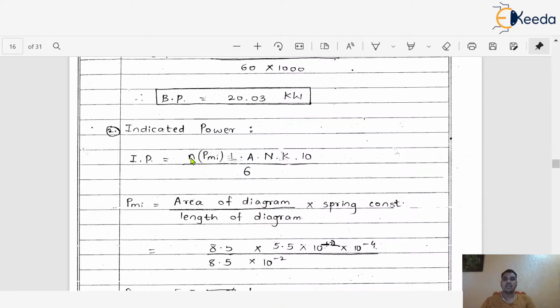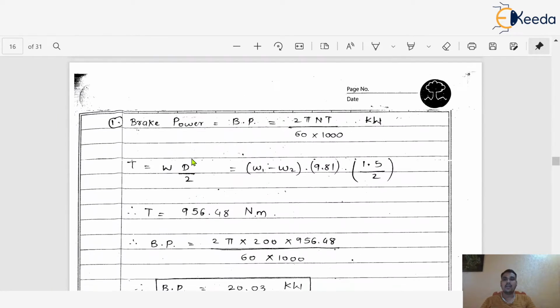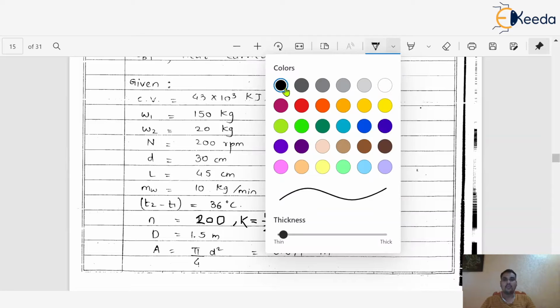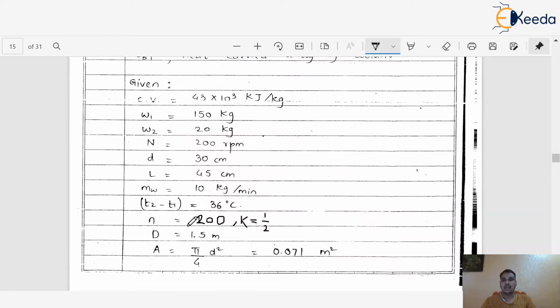This small n stands for the number of cylinders. In this case the number of cylinders is 1, and I am writing that value over here, equal to 1. This is the number of cylinders given in the problem, and this is the RPM of the engine, equal to 200.